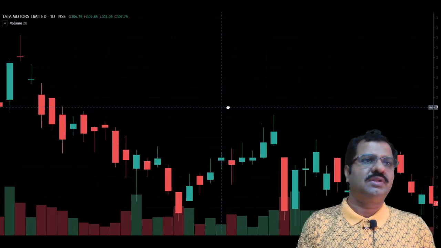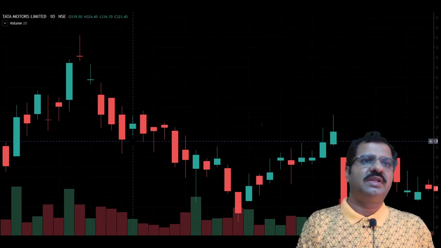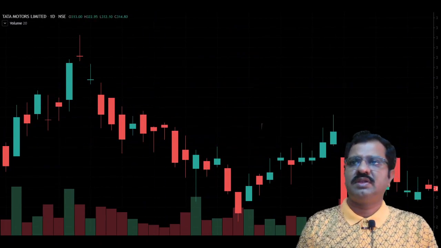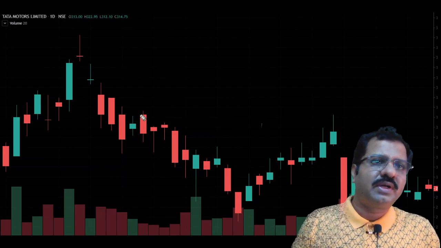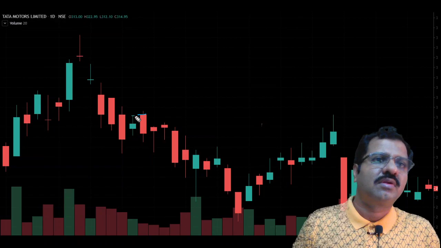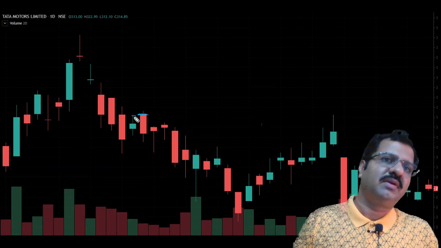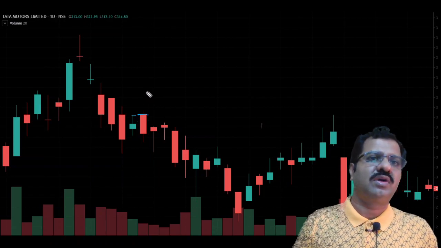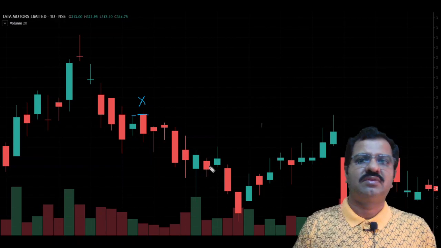Next we'll try to see some more. See this day, price opened here, and this is above this high. So price opened on this day above this, so you are not going to take a trade on this day. We already saw this.